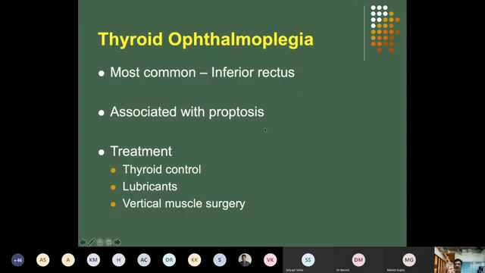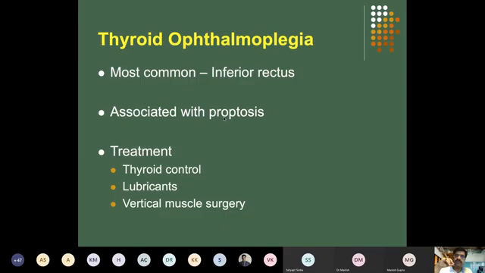Thyroid ophthalmoplegia, all of you know, if there is a hyperthyroid condition for quite long, then the most commonly affected muscle is the inferior rectus. If the inferior rectus gets fibrosed, then it pulls the eye down. So it is a restrictive pathology, and that will be confirmed on the forced duction test.